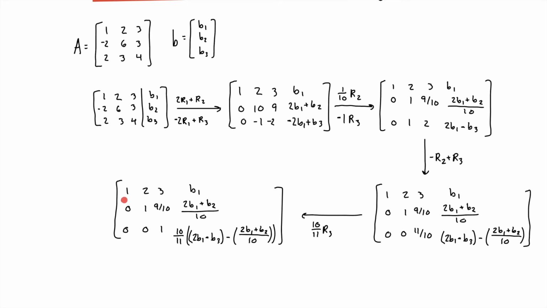And so now every column has a pivot position of 1. So that means that there is a value for every b such that it satisfies the domain conditions of these values in this column, which is all reals.